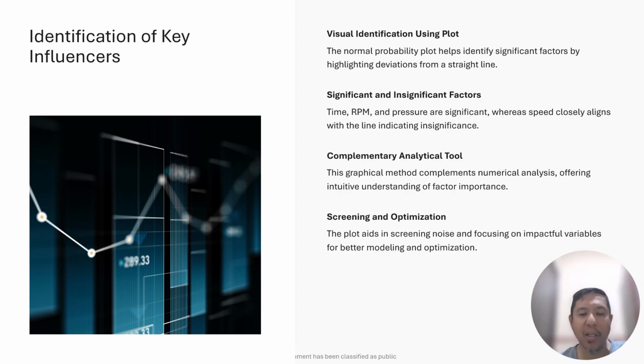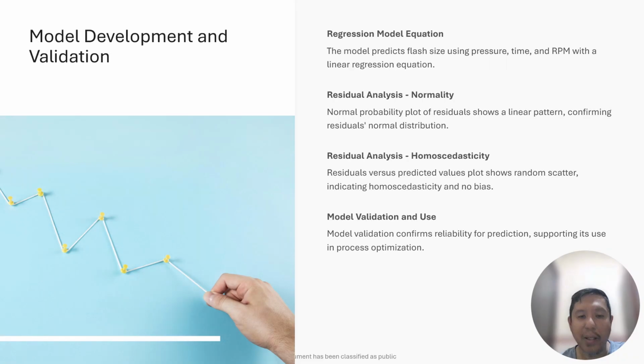This is just quickly to say that the normal probability plot helps us identify significant factors by highlighting deviations from the straight line, and we can say that time and RPM and pressure are significant. All right, sorry, the time is not significant, rather.